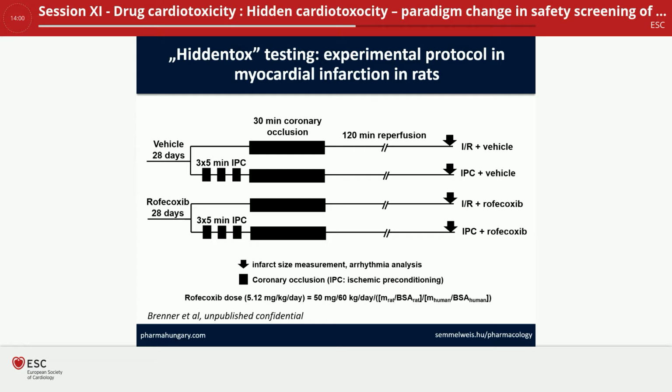We treated two groups of rats for 1 month with vehicle and with rofecoxib, and afterwards we randomized the animals to ischemia reperfusion injury and preconditioning. And again, the rofecoxib group also ischemia reperfusion injury and preconditioning, and we measured the infarct size.